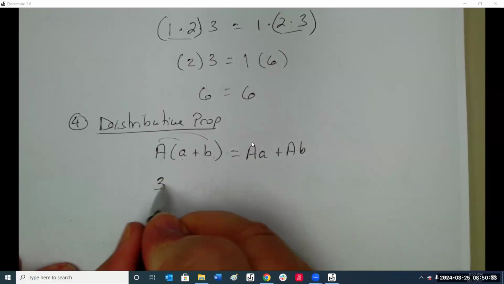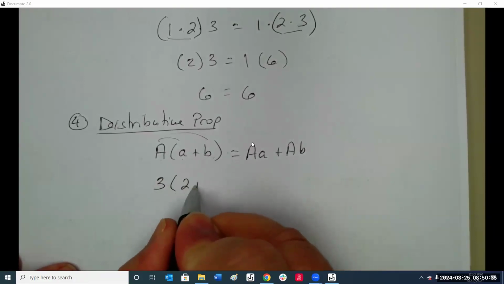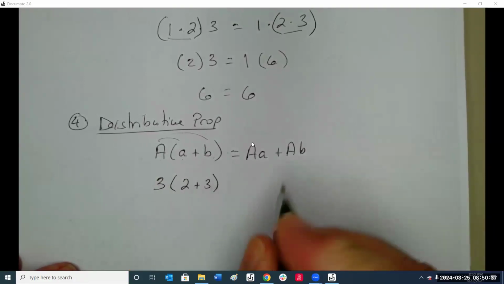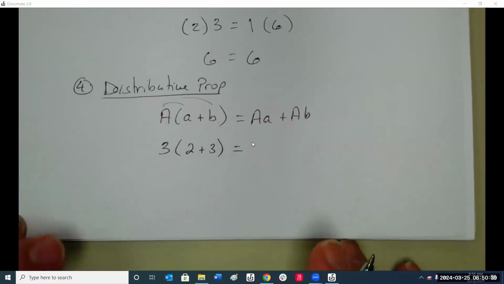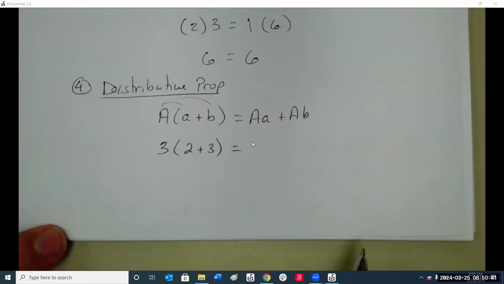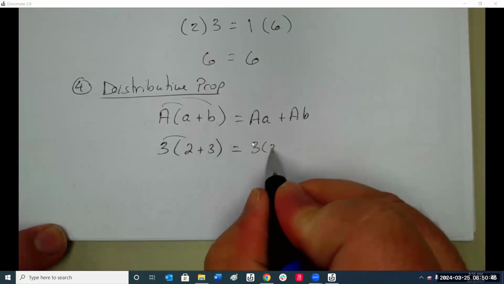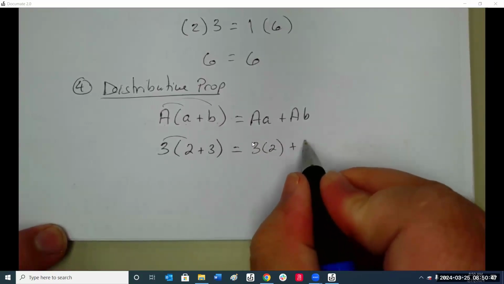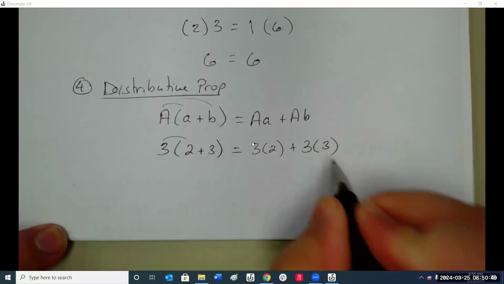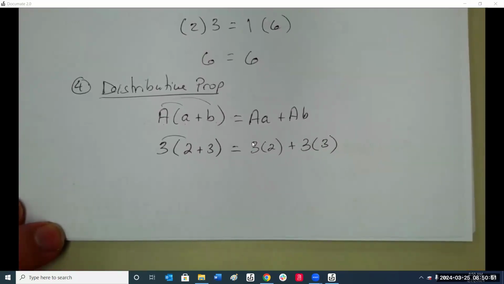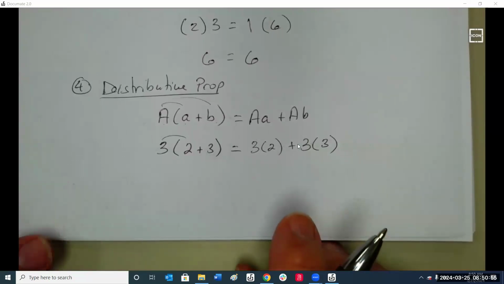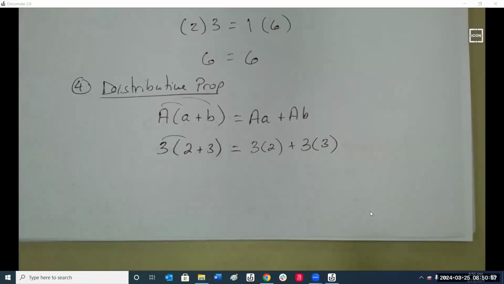So we had 3 times (2 plus 3). What this one says is we do the first one, 3 times 2, and 3 times 3. Now, it doesn't matter the order you do it in as long as you follow the rules of math.